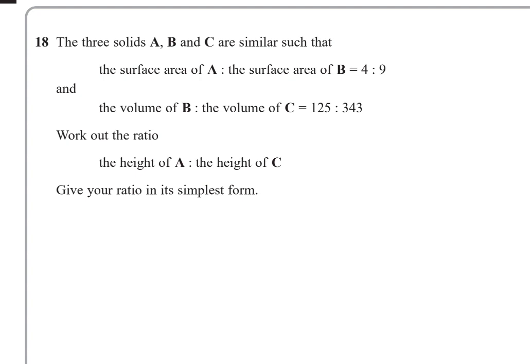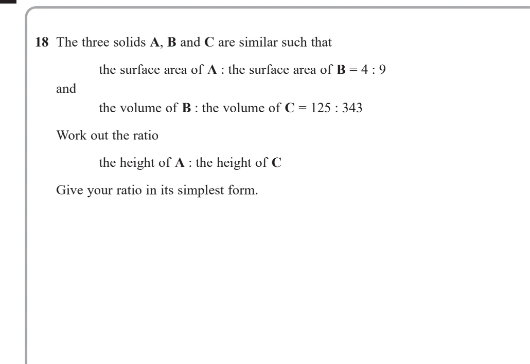18. The 3 solids A, B, and C are similar, such that the surface area of A to the surface area of B is 4 to 9, and the volume of B to the volume of C is 125 to 343. Work out the ratio between the height of A to the height of C. Give your ratio in its simplest form.